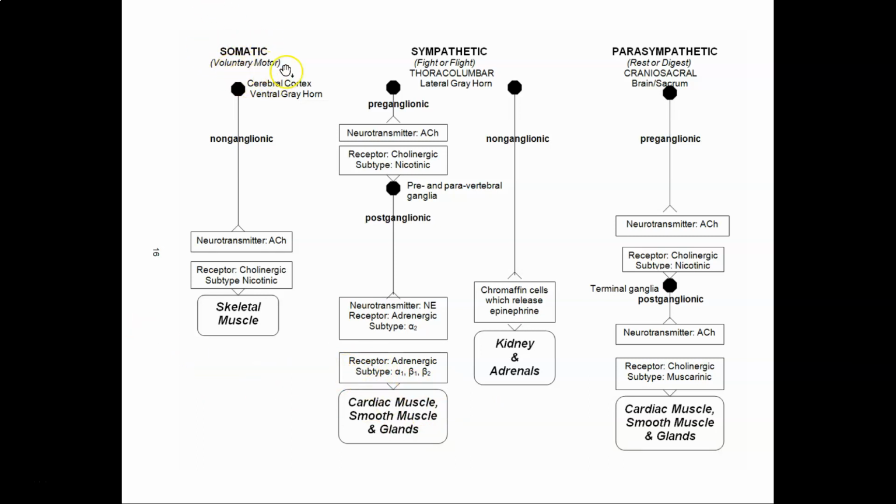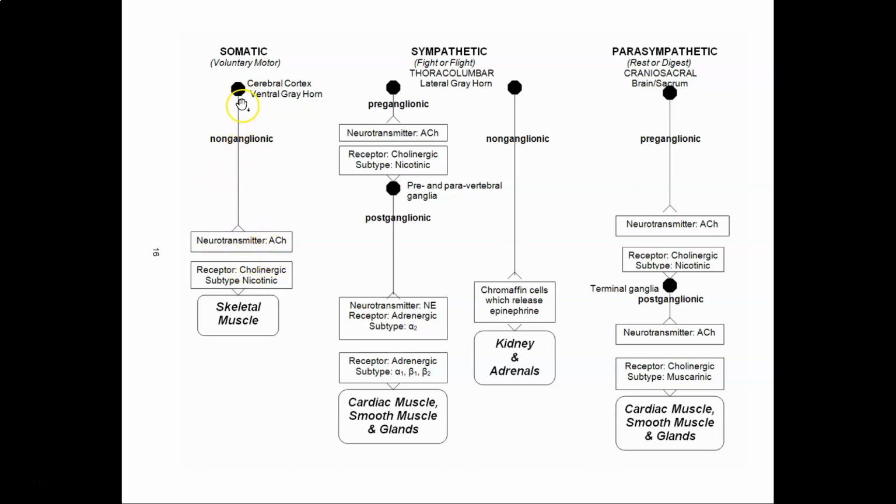So for the somatic nervous system, it's something you probably already know a little bit about, especially from anatomy. It's our voluntary motor control unit, right? The cell bodies for the neurons, generally speaking, are found in a couple different places, your cerebral cortex or the ventral gray horn of the spinal cord. These fibers have their cell bodies in the CNS. They exit the CNS and go out to the periphery.